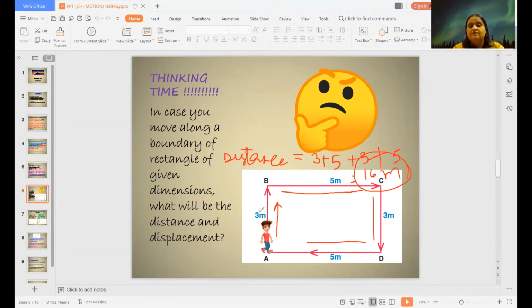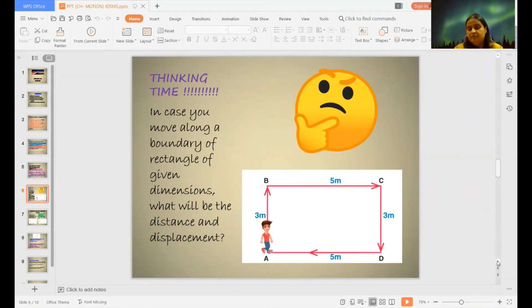So because of that, in this case again the displacement will be 0 meter. There is no displacement we are having. Right? I hope now you are getting your doubts clear between distance and displacement. So you are learning how these are different terms.